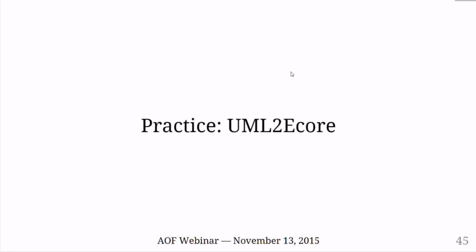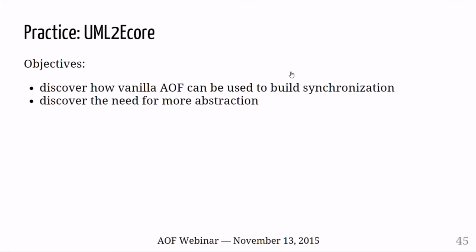So I'm going to write the transformation without using facade, because the idea is to show you what you can do with AOF, but you will see that there is a need for more abstraction because some things are going to be a bit verbose and difficult to write manually. And if we have time, we can have a look at how we could do it with facade, or alternatively, how it is done for this UML or T case study.